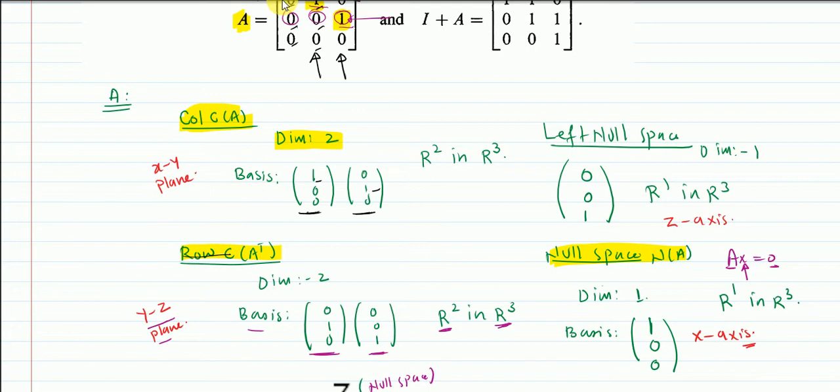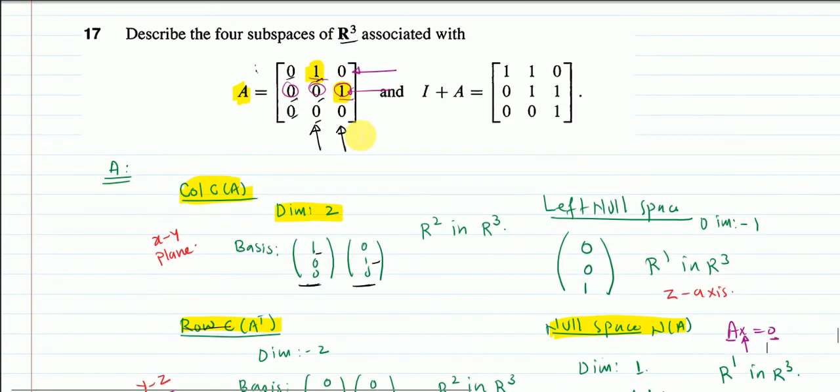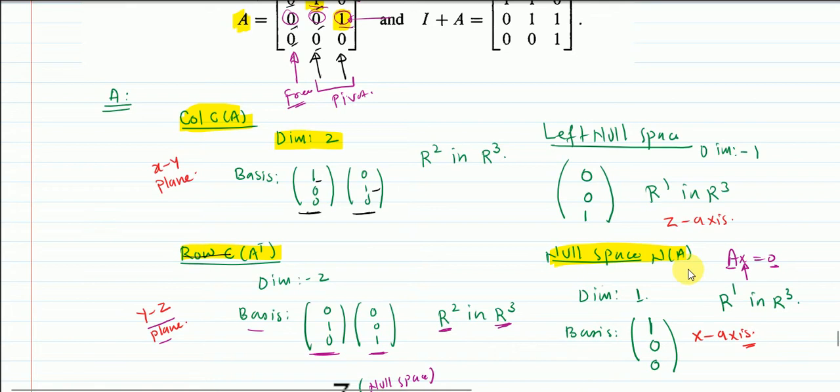And if you look at this matrix A, you will find that you have 2 pivot columns, which means those are the pivot variables, and we have 1 free variable, right? So for the free variable we can select any number, let's pick 1. Then by back substitution you can find the other 2 pivot variables.